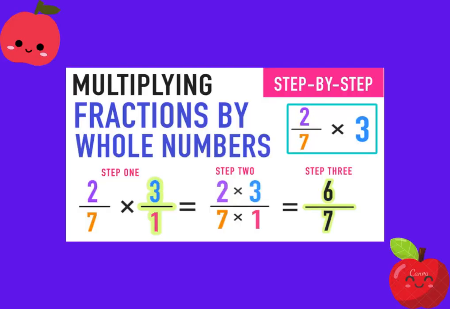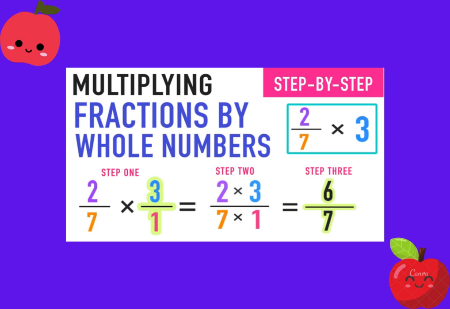Next one is multiplying a fraction with a whole number. How could we do that? It means you have to change the whole number into a fraction. How to change a whole number into a fraction? We have to see 3 by 1. Here the whole number is 3, and if you put the denominator 1, the answer will be the same.